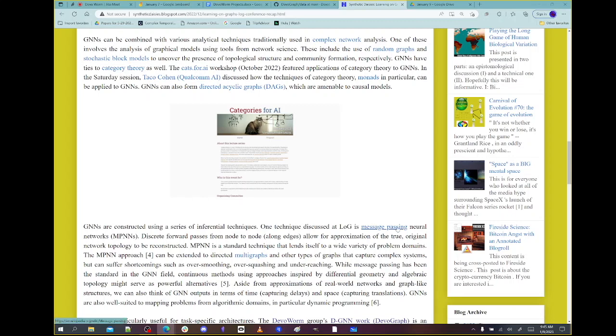Message passing comes from communication networks but actually works with electrical currents. You're passing things from node to node, which could be a message or electricity, and that allows you to approximate the network.